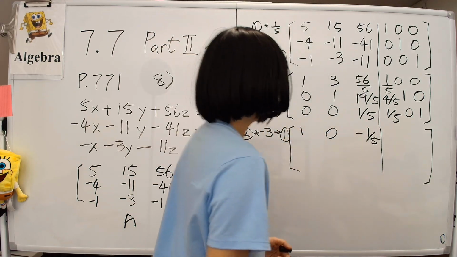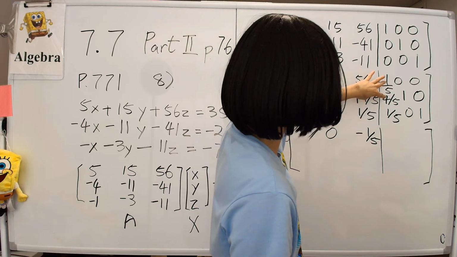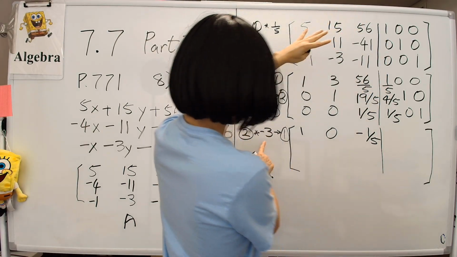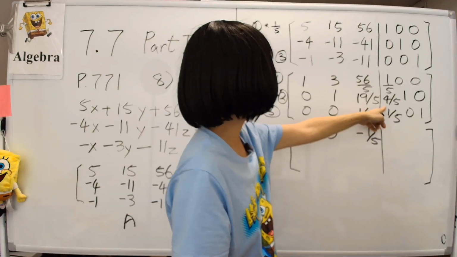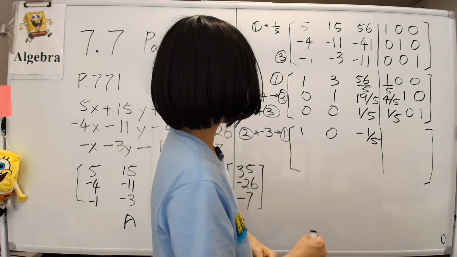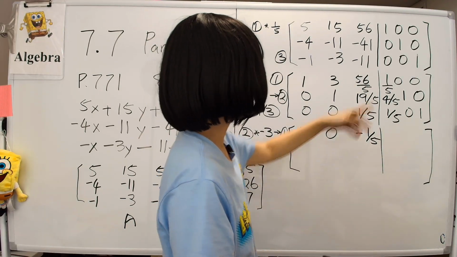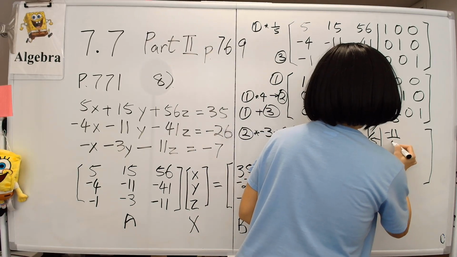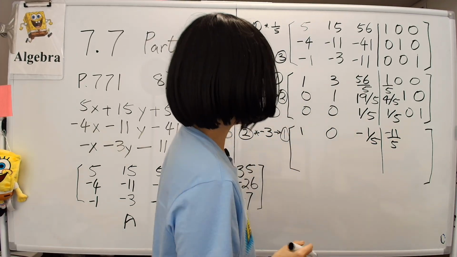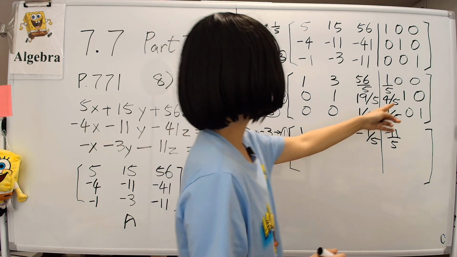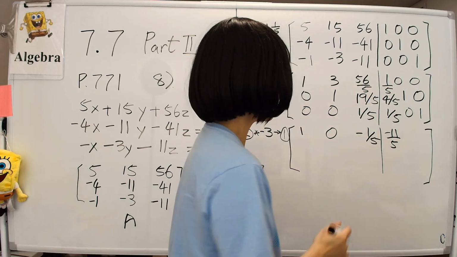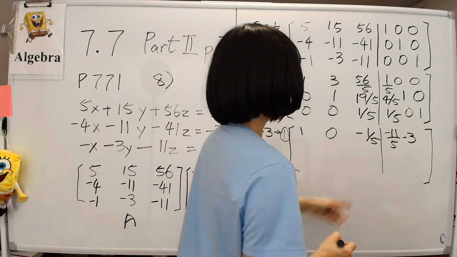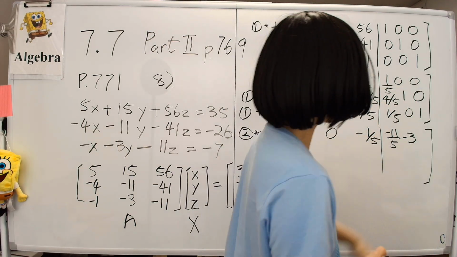And continuing, this thing has to be multiplied by minus 3, okay? Yeah, it says minus 3. So 4/5 times minus 3 is negative 12, plus 1 is negative 11. So that's negative 11 over 5. Next, this thing times minus 3, added to that, becomes minus 3. And finally, this thing times whatever added, that's still 0.